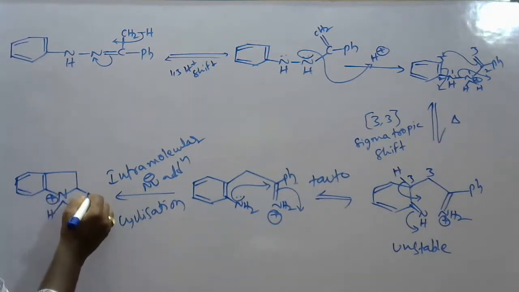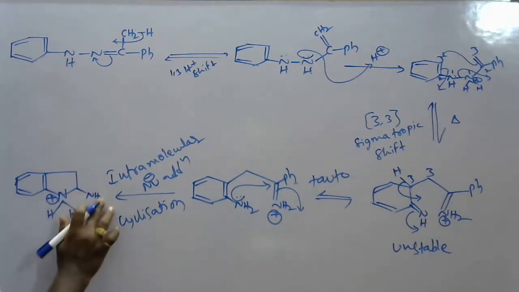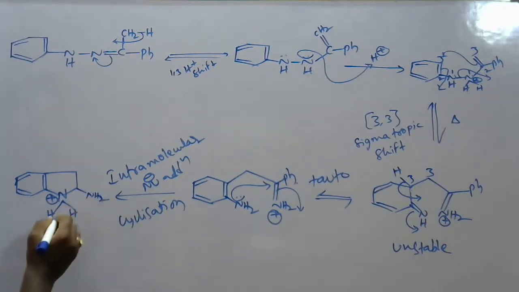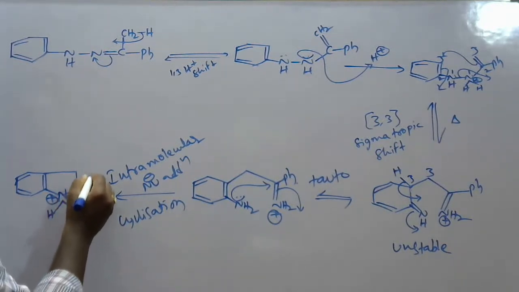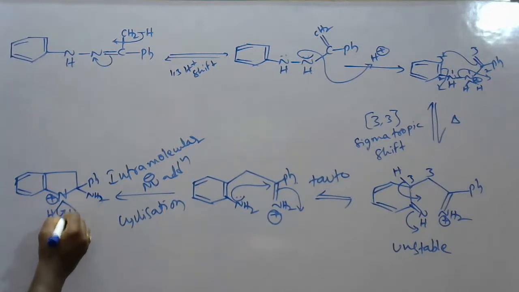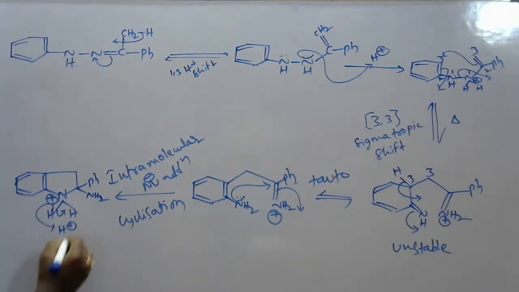Here this can be converted to NH3, NH2, and here the phenyl group. So the bonding electrons shift, and there is loss of a proton. Then this is formed, with the phenyl group and NH2.